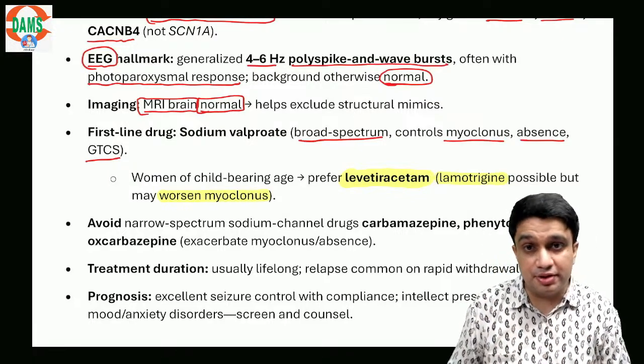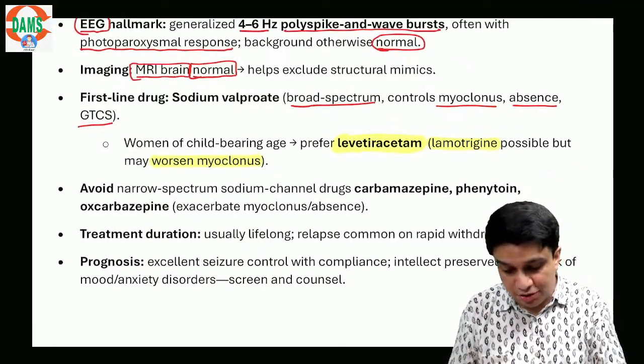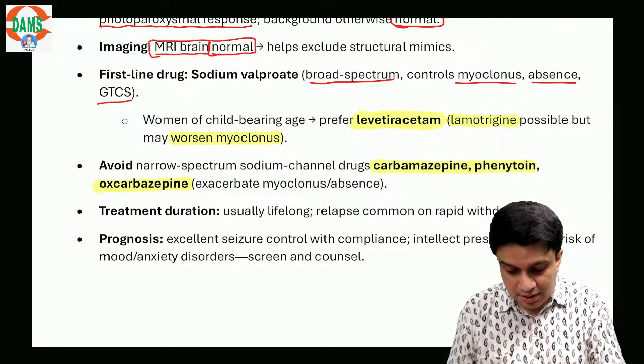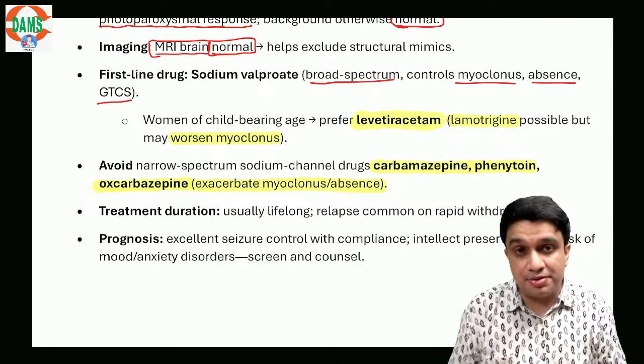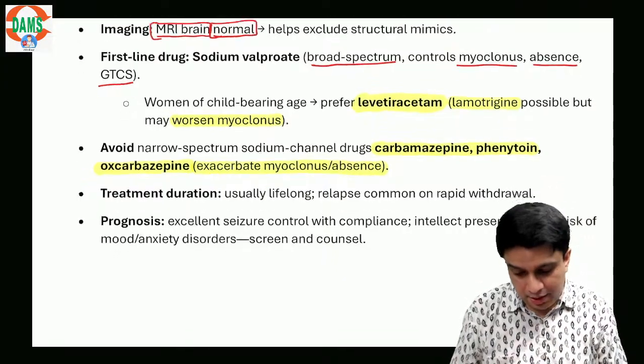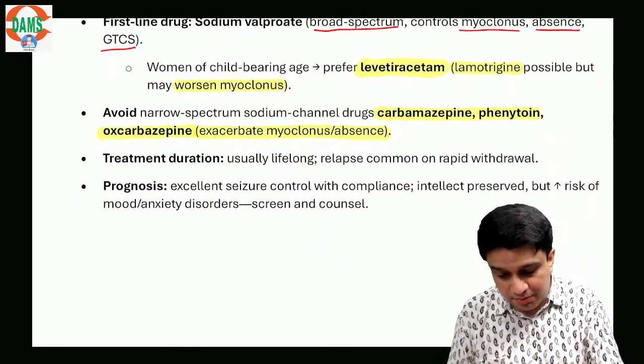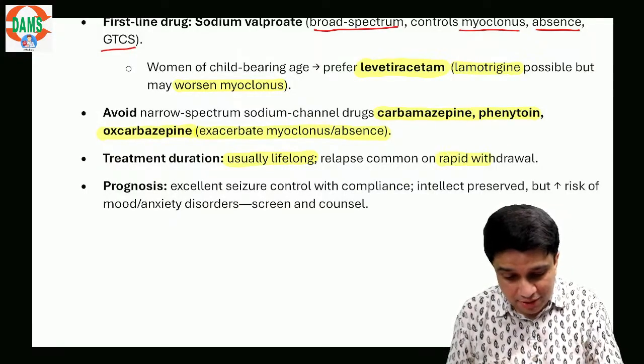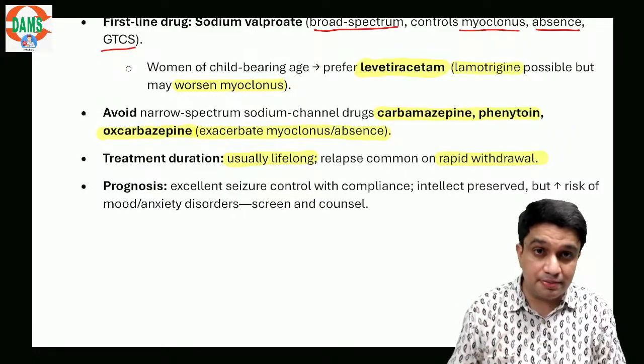Narrow spectrum sodium channel blockers like carbamazepine, phenytoin and oxcarbazepine exacerbate myoclonus and absence. Treatment duration, please remember, is usually lifelong. Relapse is common when there is rapid withdrawal of the drug.